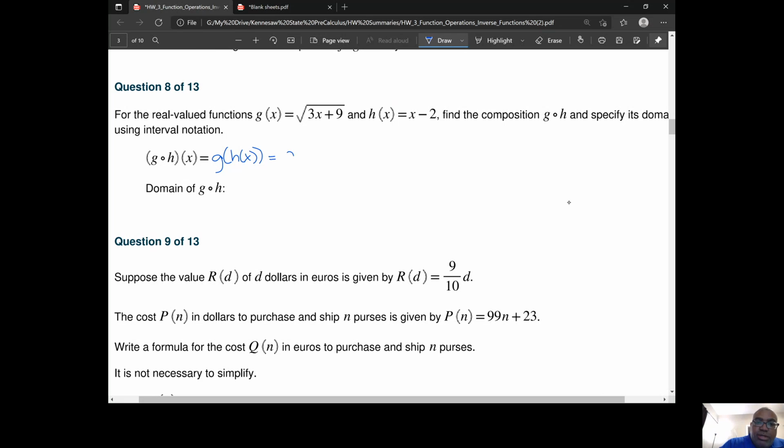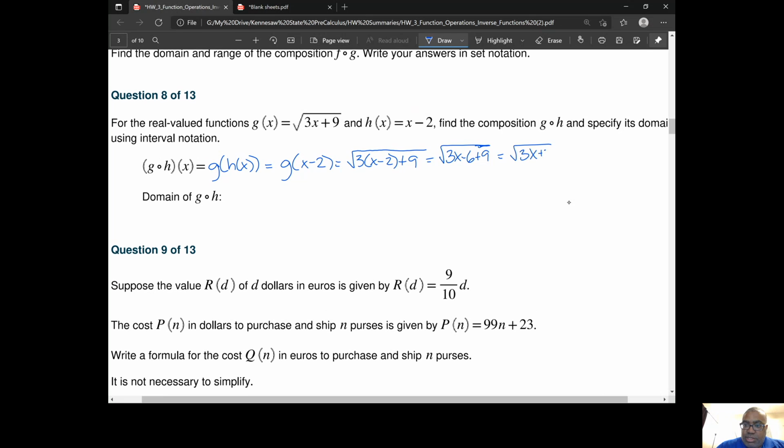Which is the square root of 3 times x minus 2, plus 9, which is the square root of 3x minus 6 plus 9, which is the square root of 3x plus 3.